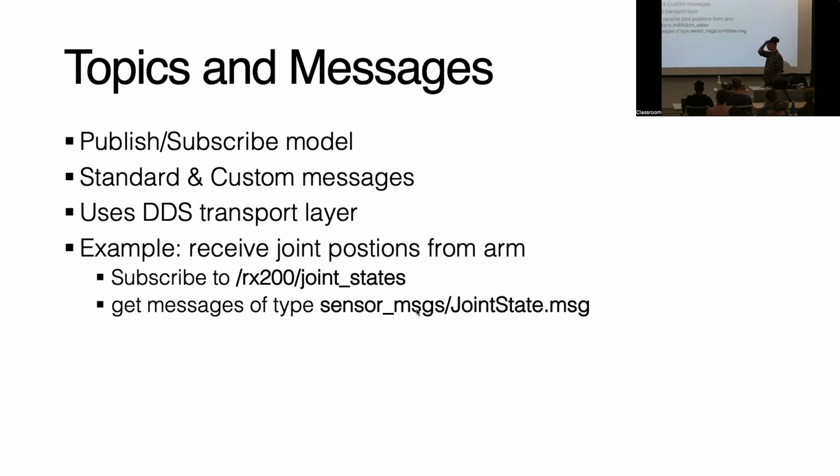The messages work on a publish-subscribe model. So say I'm a sensor and I have a node that is my driver, say I'm a LiDAR sensor. I'm going to take a measurement and then I'm going to publish a message. The driver node is going to publish a message containing all the sensor data that I just took, all right?